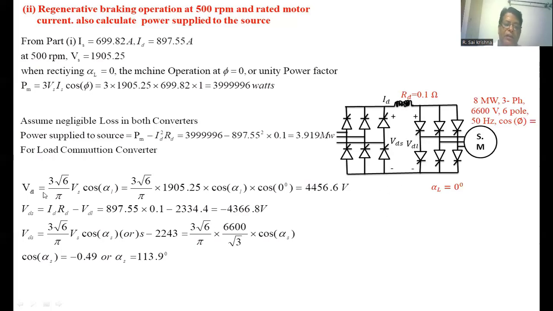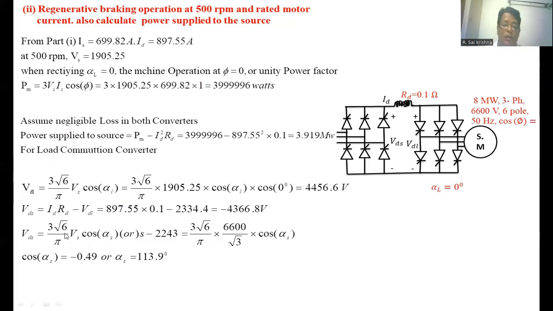VDL equals 3 root 6 by pi Vs cos alpha L, where alpha L is 0 degrees. Substituting all the values, we get 4456.6 volts. VDS equals minus VDL plus ID into RD; substituting all the values, we get minus 4666.8 volts.